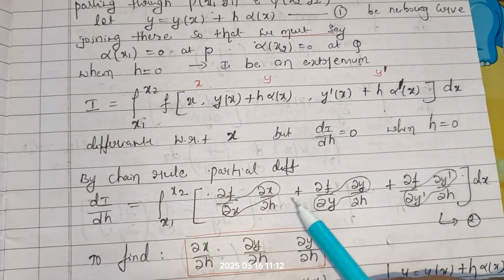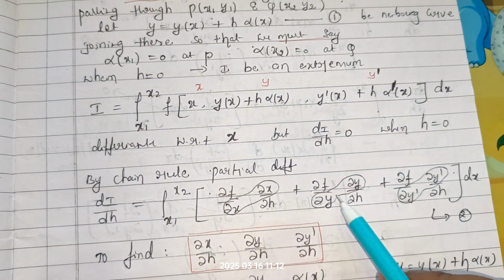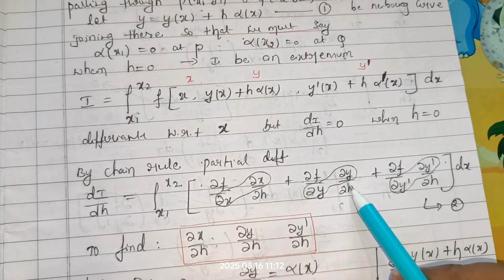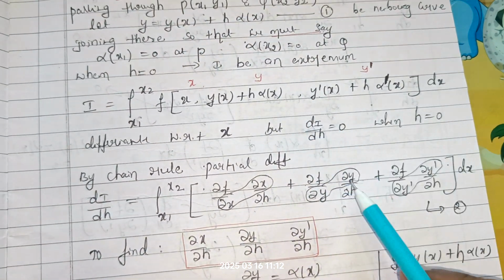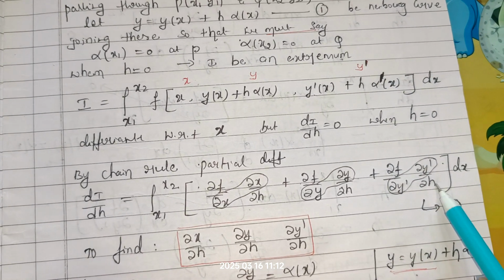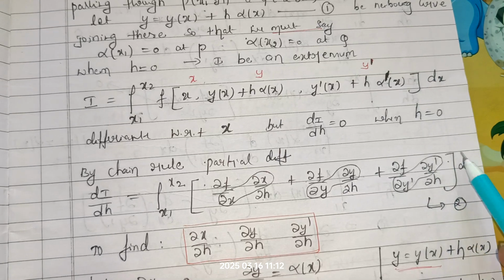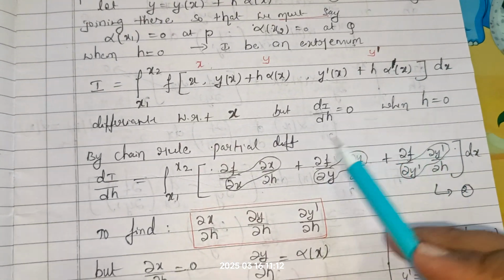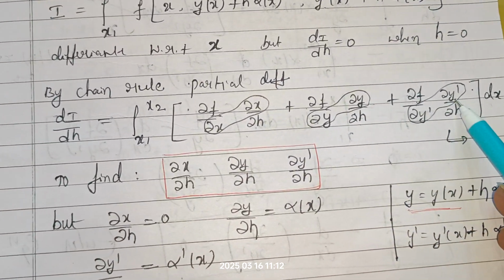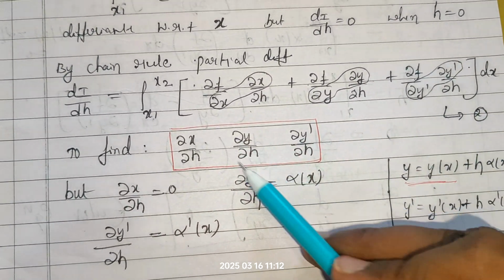That is the first term. The second is with respect to y: ∂f/∂y into ∂y/∂h, by the chain rule. Similarly for y', ∂f/∂y' into ∂y'/∂h, into dx. Now we should find ∂x/∂h, ∂y/∂h and ∂y'/∂h.